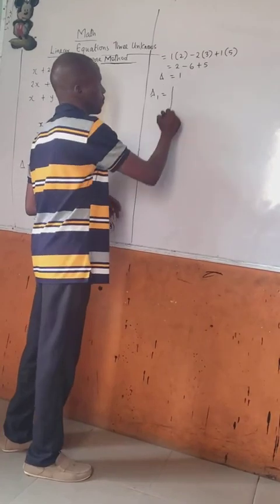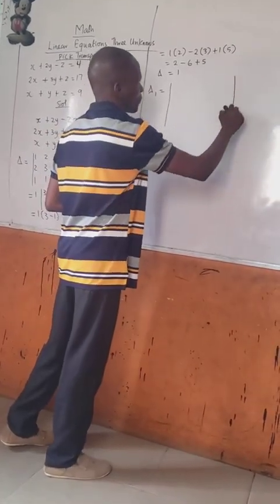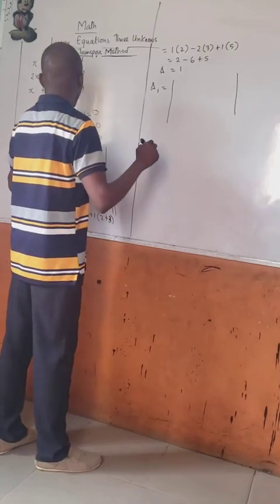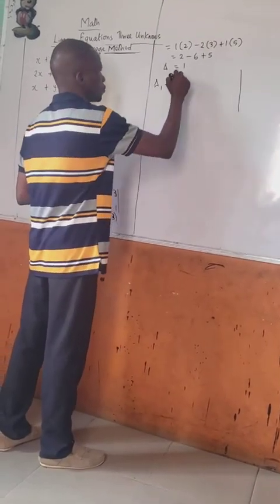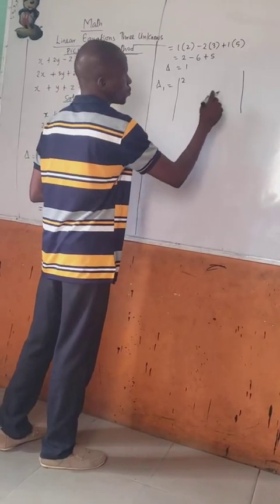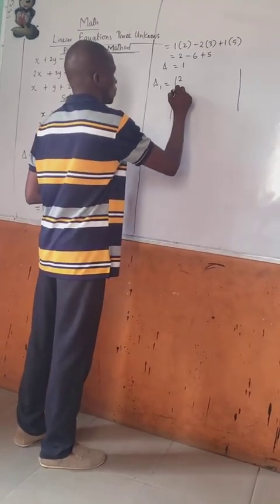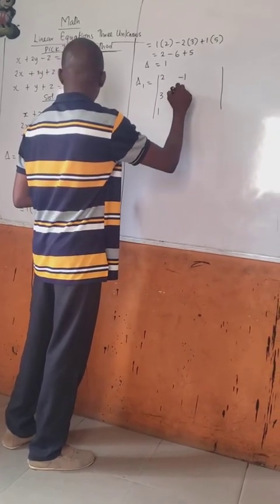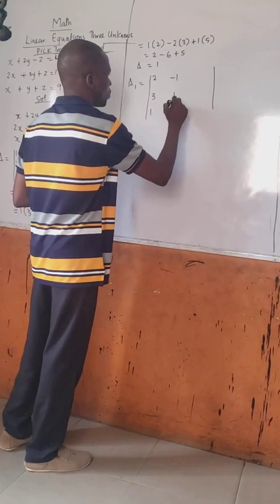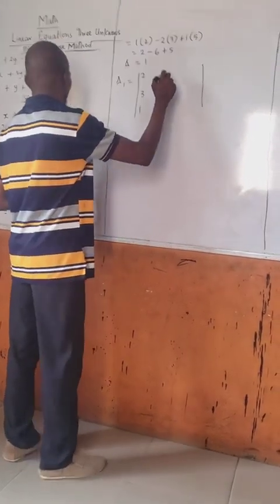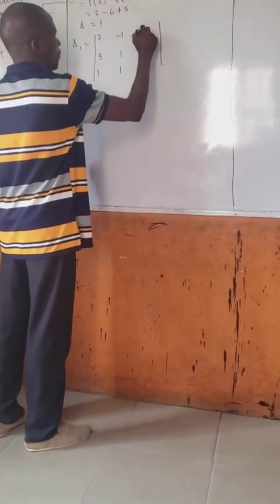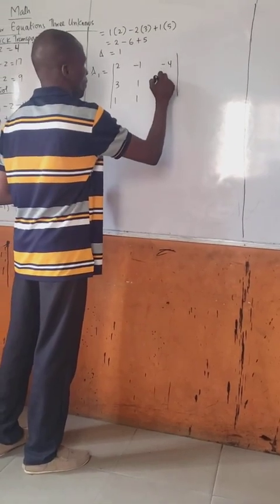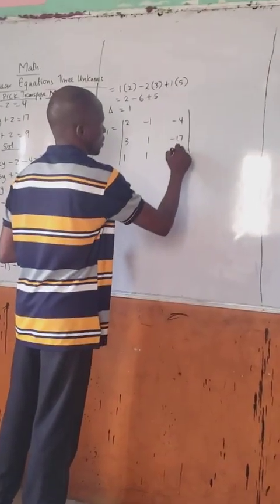So here we have second column coefficients. We have 2, 3, 1, minus 1, 1, 1, the minus 4, minus 17, minus 9.